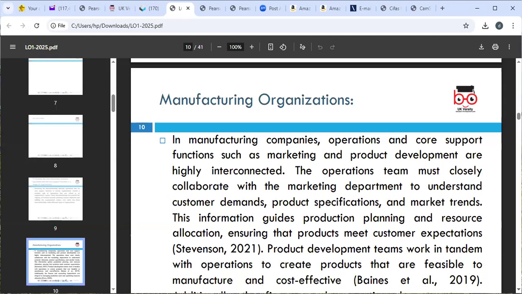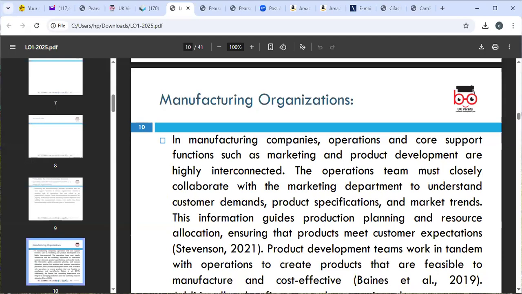All right. Okay. Information guides production planning and resource allocation, ensuring that products meet customer expectations. Stevenson 2021. Okay, so the reference is Stevenson 2021, which confirms that production planning and resource allocation ensure that products meet customer expectations.